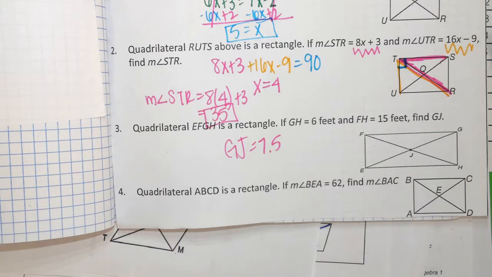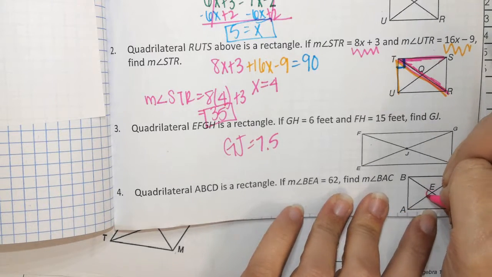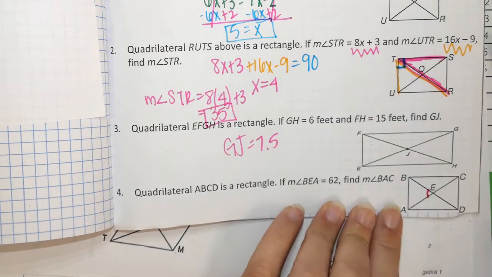All right, are we done with 4, or do we need a moment? Okay. Remember, what's the sum of a triangle? 180. Fantastic. What do you know? Okay, so this one is 62, right?